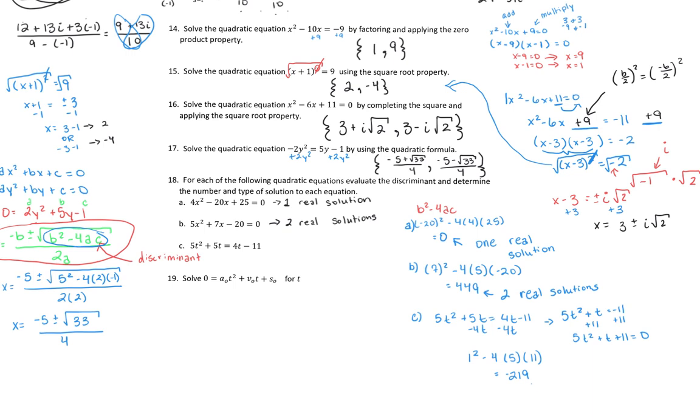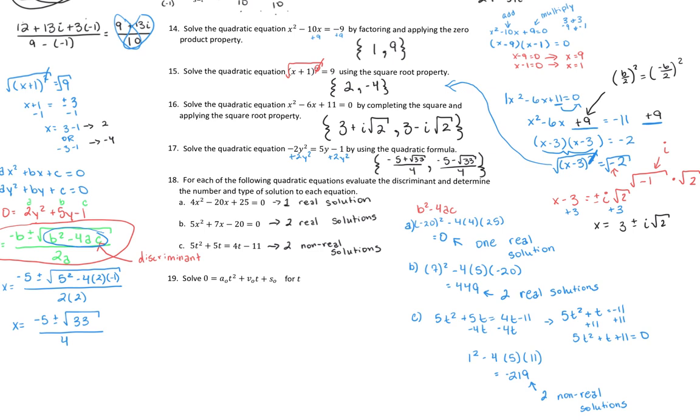And when you get a negative number, this means you will still have 2 solutions, but you will have 2 non-real solutions. And if you think about it, when you plug this back under the radical, you'll have the square root of negative 1, which is i, correct? And so that's what makes our solutions non-real. So the answer for this one is 2 non-real solutions.